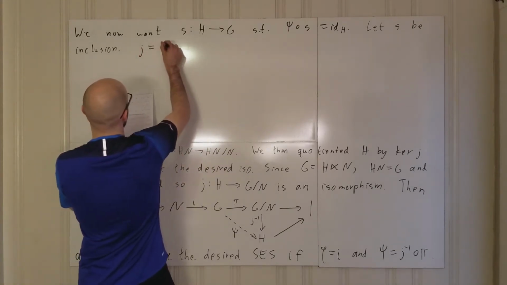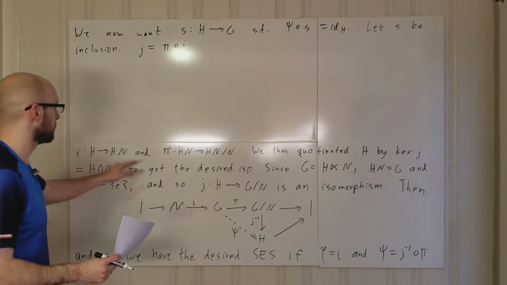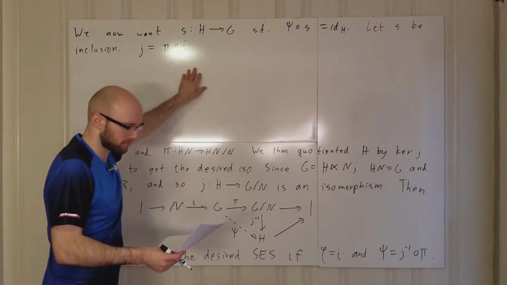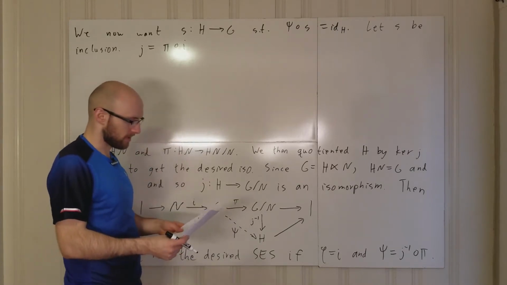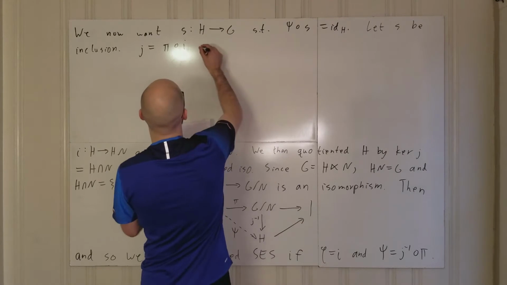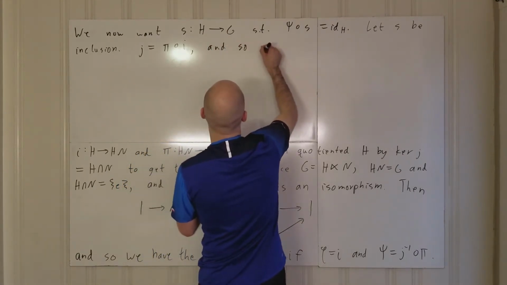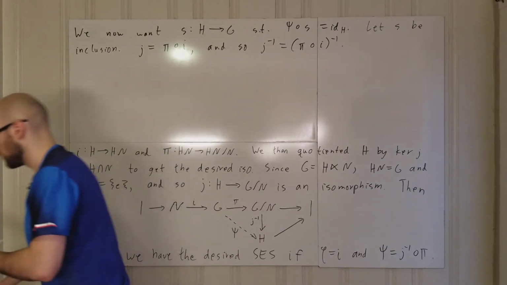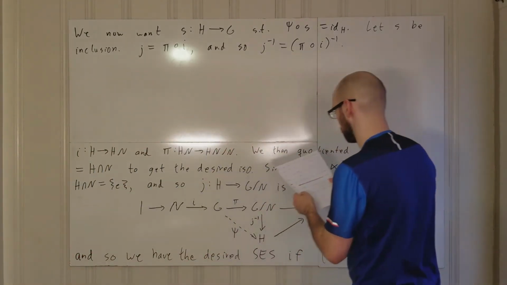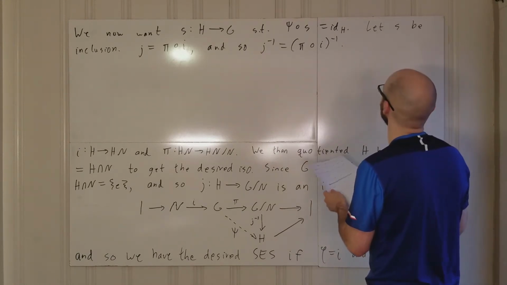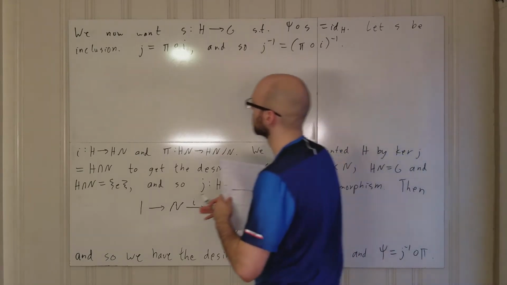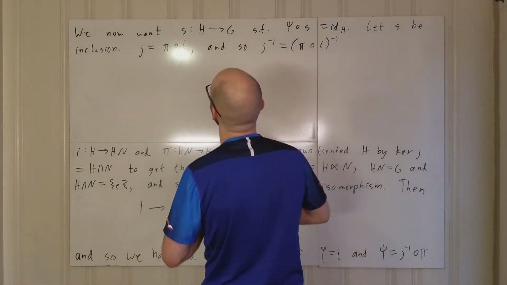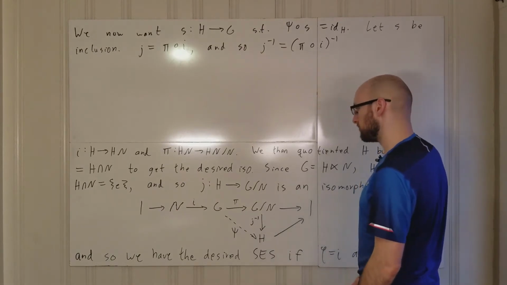J is equal to pi of I. If you'll remember, it looks like I erased it, but if you remember how we defined J, J is pi of I. And so if we look at J inverse, that's going to be the inverse of pi of I. Okay, so I haven't reused I, it looks like.